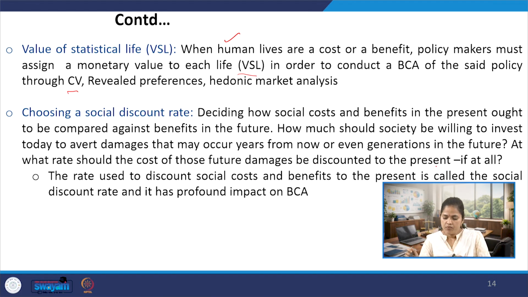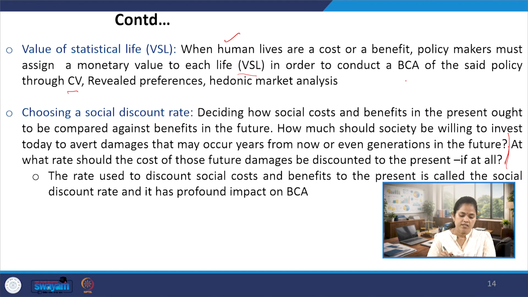So for this type of question, and also questions like, at what rate should the cost of those future damages be discounted to the present, right? For all these questions, we have to understand what is known as the social discount rate. Otherwise, it would not be possible for us to do a benefit cost analysis.